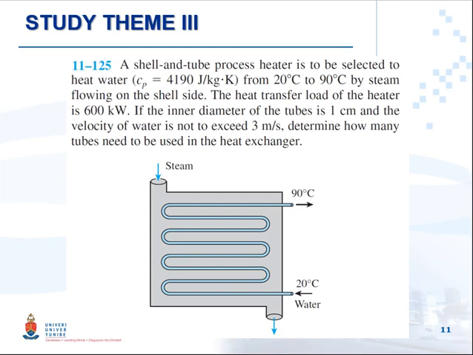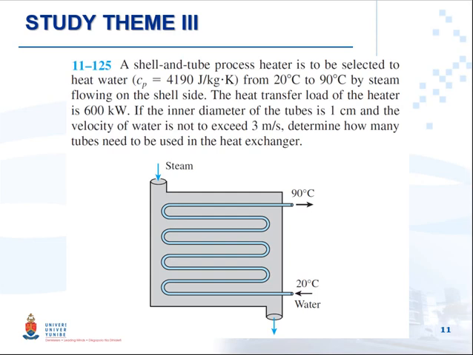It's question 11.125 of your textbook. It says that a shell and tube process heater is to be selected to heat water, with the Cp of water given, from 20 Celsius to 90 Celsius by steam flowing on the shell side. The heat transfer load of the heater is 600 kilowatt.